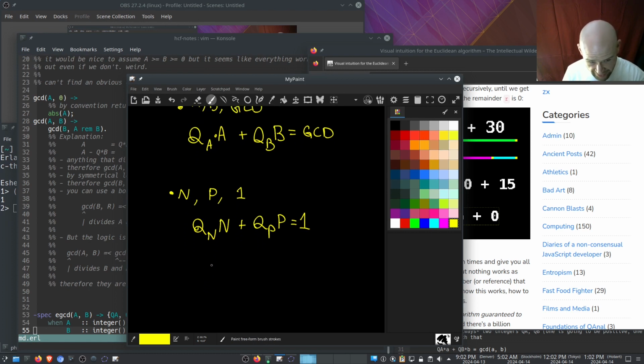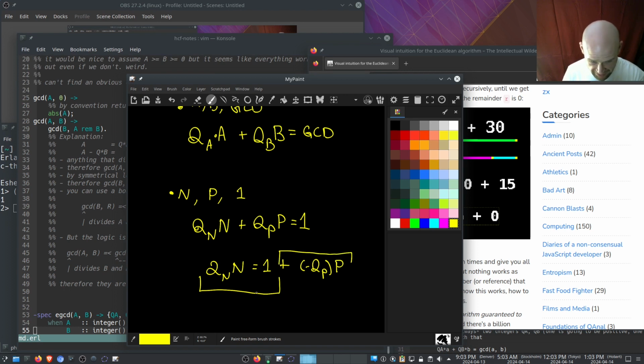Another way of phrasing this is Q sub n times n is equal to 1 minus Q sub p times p, but what this is saying is that Q sub n times n is equal to 1 plus some multiple of p.